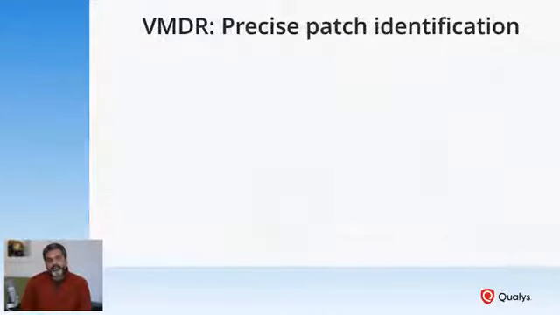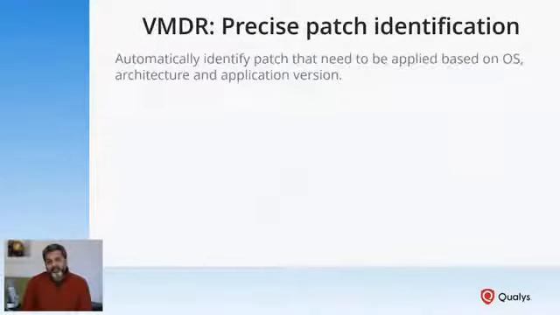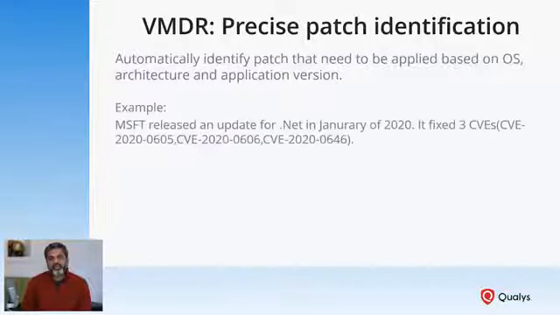Another aspect here is the patch identification. So being able to automatically identify the patch. A lot of times, you actually know what patch needs to be deployed. So in this case, we had the .NET patch that was released in January 2020, which fixed 3 CVEs.